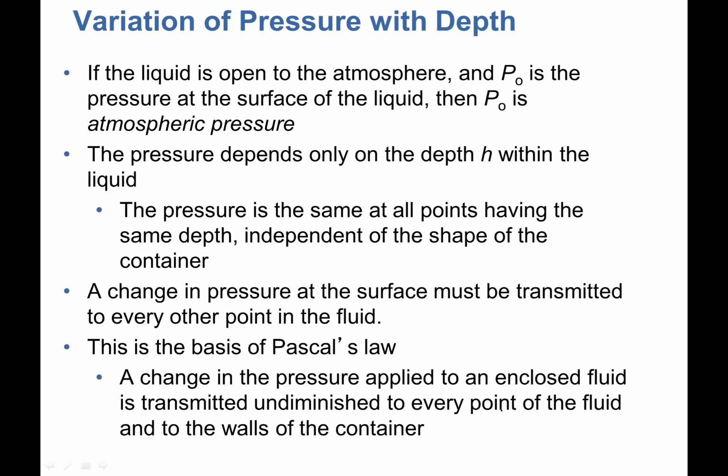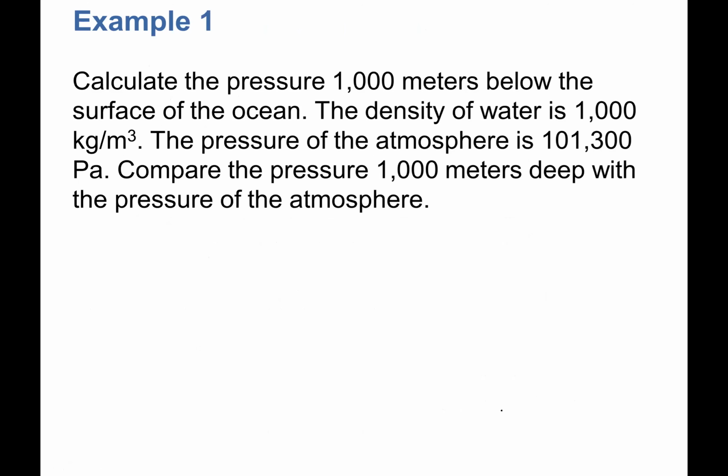But first, let's solve a problem, which is to calculate the pressure 1,000 meters below the surface of the ocean. Remember, the ocean is technically salt water, and we should use 1,030 kilograms per cubic meter. But for simplicity, let's just use 1,000 instead of 1,030. So let's take the density as 1,000 kilograms per cubic meter, and the atmospheric pressure is 101,300 Pascal.